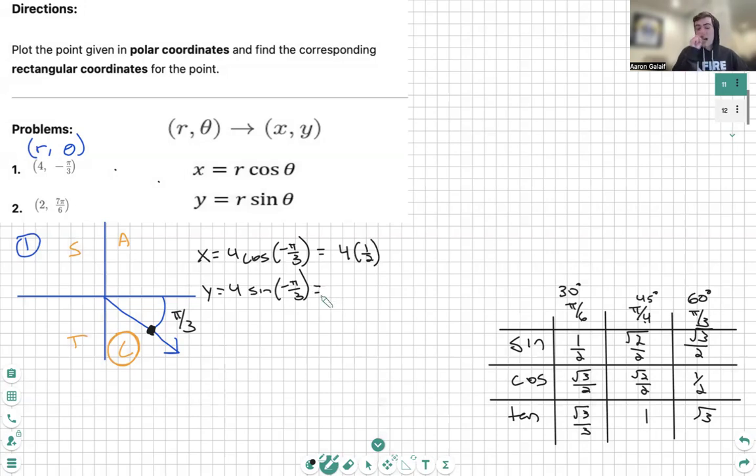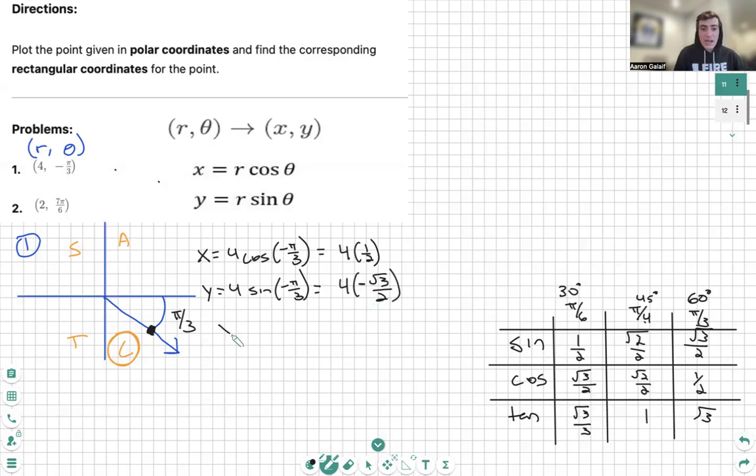Next, we're going to look at the sine. Same reference angle, same quadrant. So sine is going to be negative in this quadrant. The sine of pi over 3 is root 3 over 2. So we have 4 times negative root 3 over 2 because we are in the fourth quadrant. Only cosine's positive.